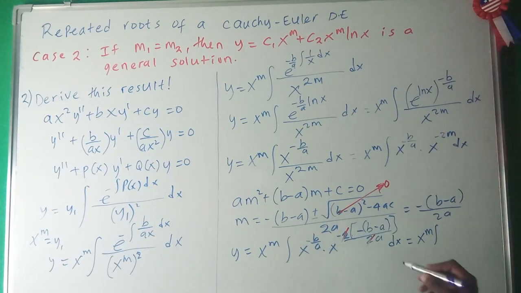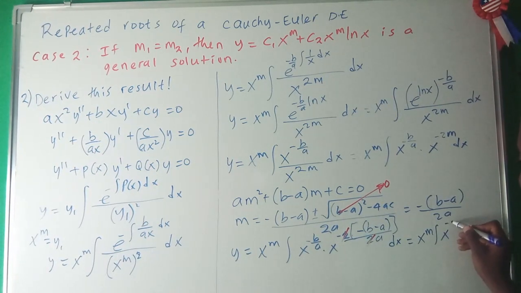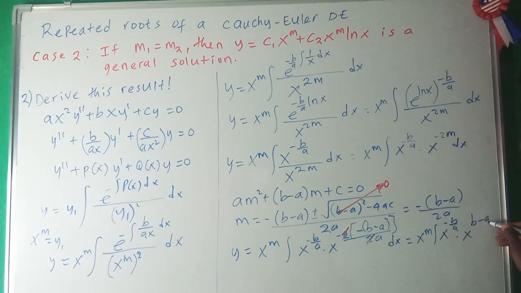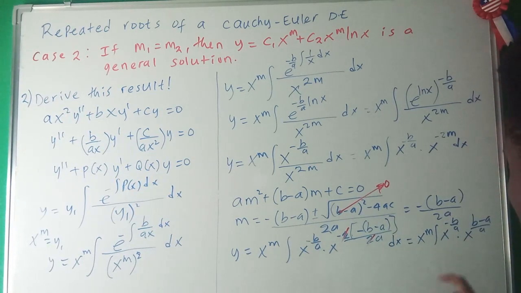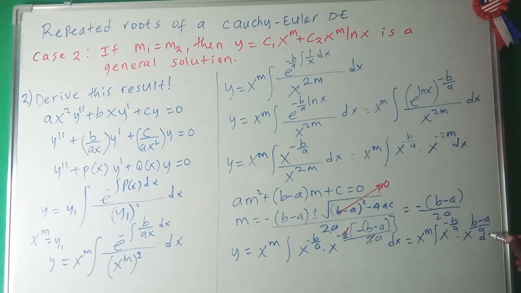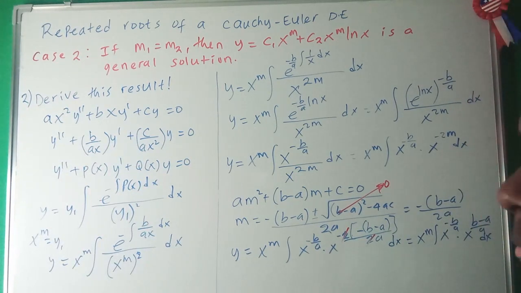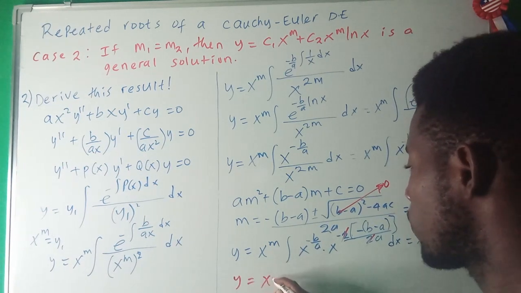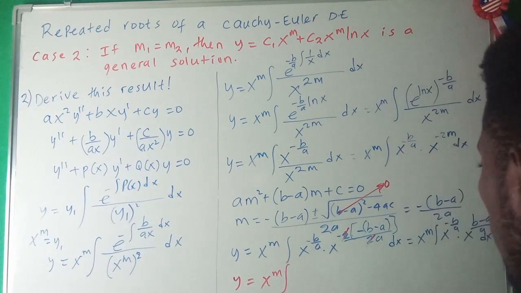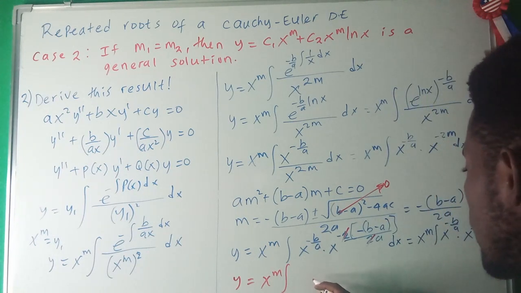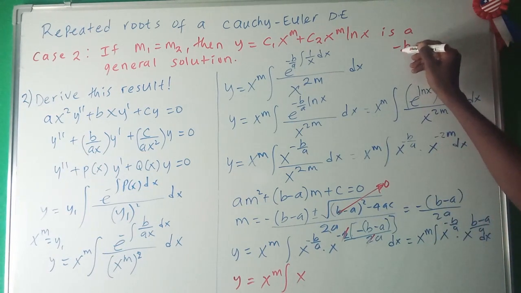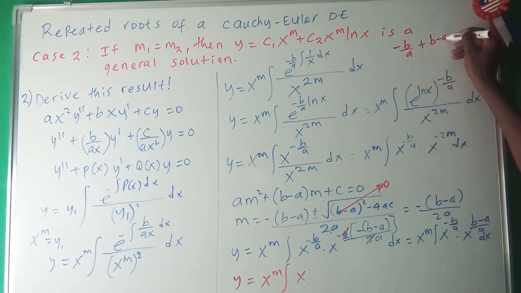So this will be equal to x to the power m, the integral of x to the power of negative b over a times x to the power of (b minus a) over a. What we can do here is take one of the x, and then we add the powers. So y equals x to the power of m, the integral of x to the power of negative b over a plus (b minus a) over a.